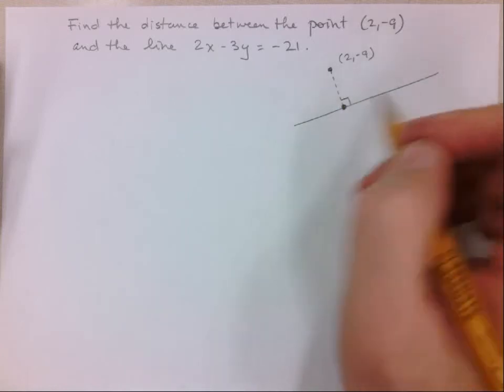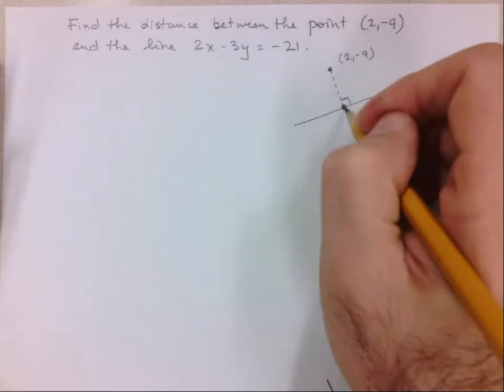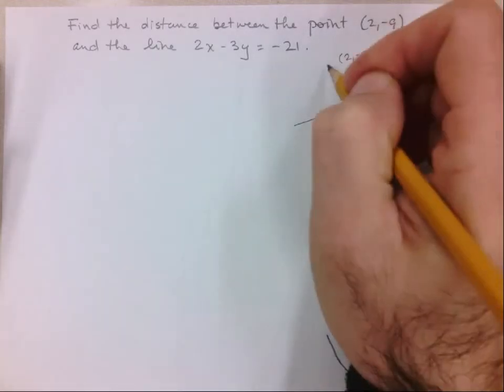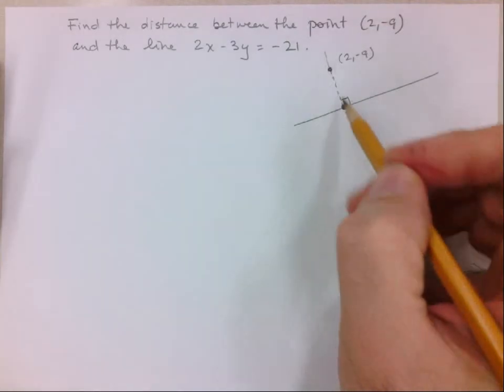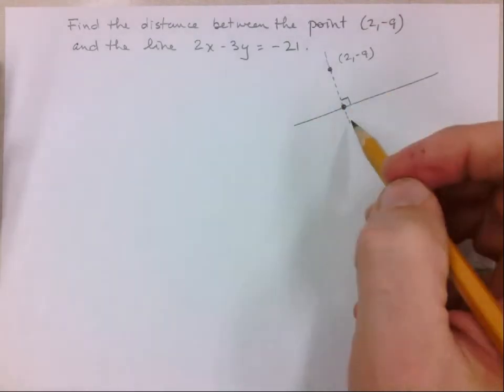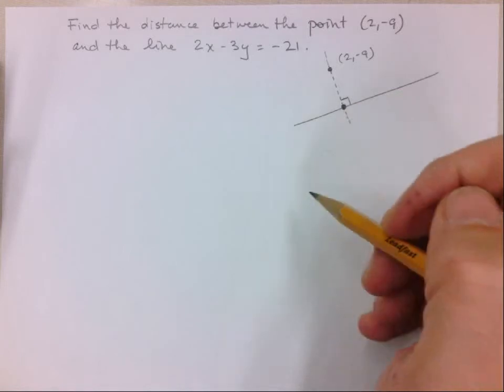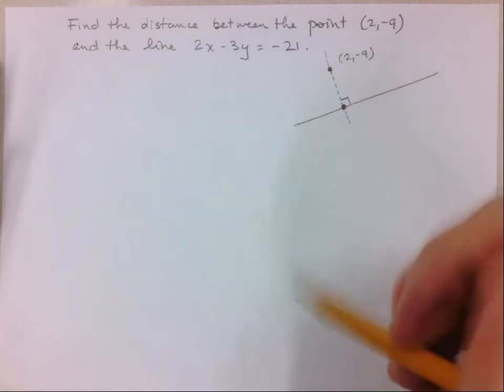I already have the equation for the given line, so the first thing to aim for is an equation for the line which contains the segment I'm looking for. Then I find the point of intersection, and once I have it, I can use my distance formula.